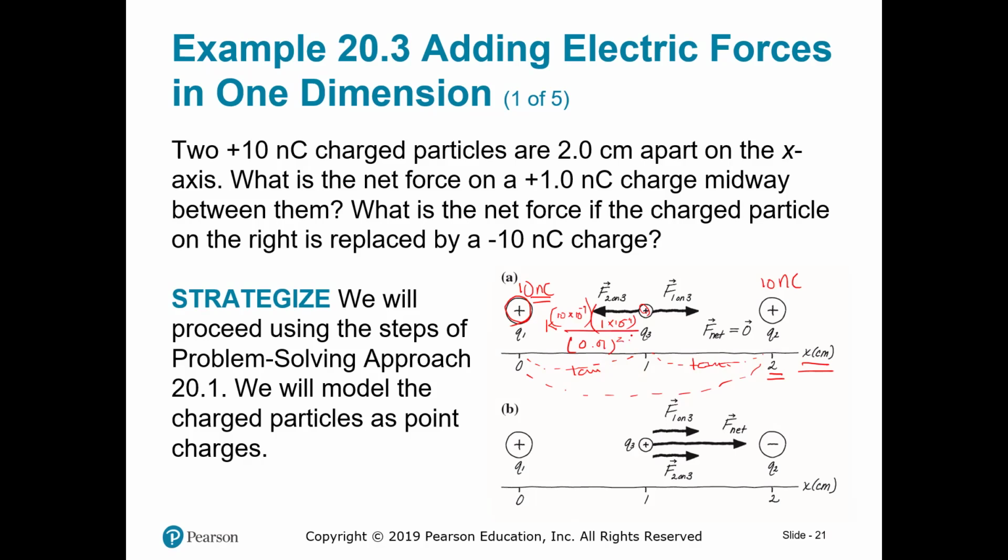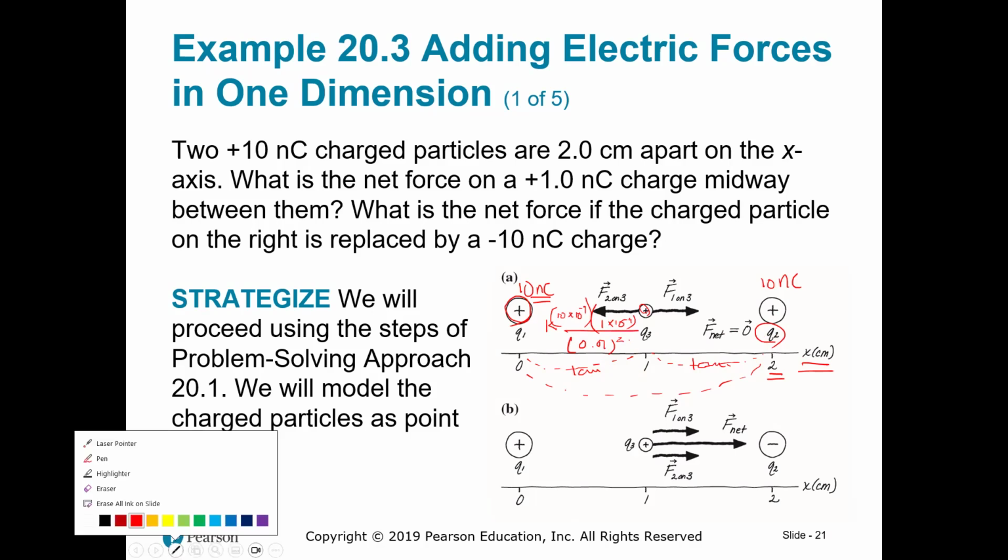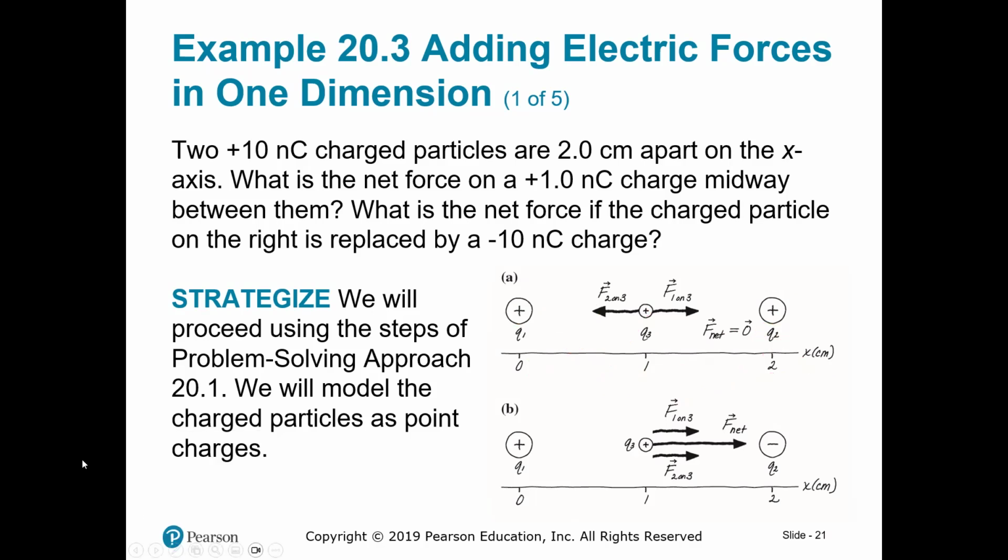So this is going to be the force to the left. However, there's also the same amount of force to the right due to Q2. So the net force will be 0, and they will cancel each other. So the net force for the first case is straightforward, and that's going to be 0. But how about the second case?